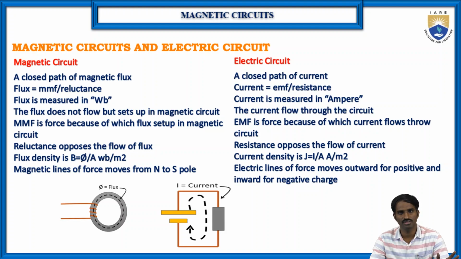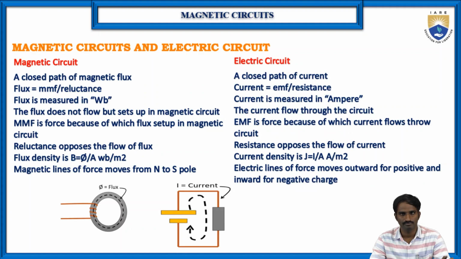So to understand clearly, I'm comparing magnetic circuits and electrical circuits: what the properties of each are, what the differences between the two are, and what the common parameters or properties of the two are.